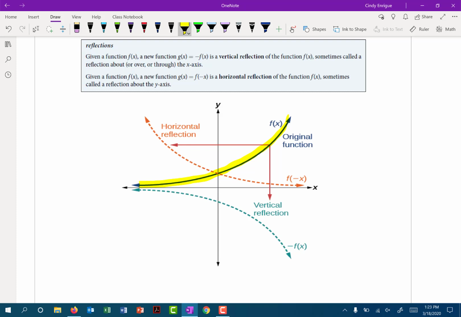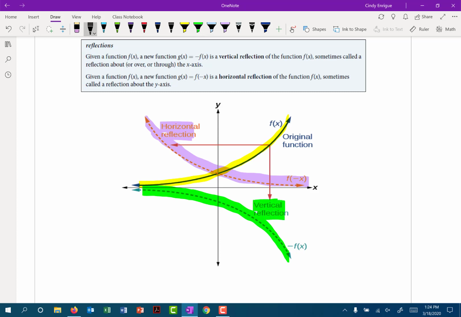So if I have a vertical reflection, that's here. If I have a horizontal reflection, that's here. This is my horizontal reflection, and this is my vertical reflection.